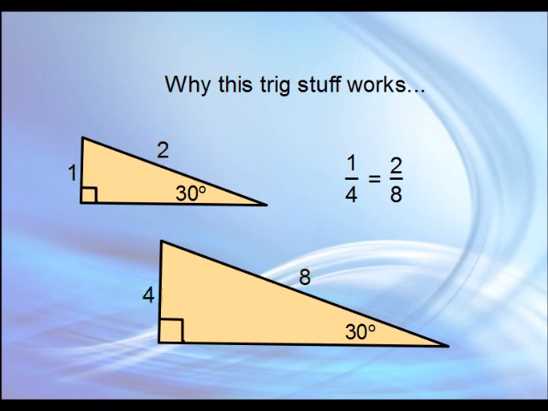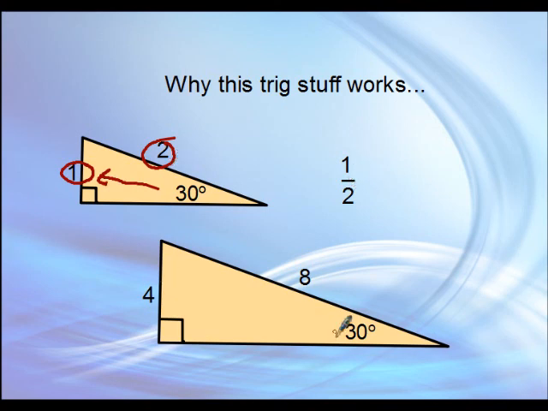We can also rearrange this a bit differently. We could, for example, match this side, the 1, versus the 2, the opposite side versus the hypotenuse, as you're seeing here. That should be an equal ratio to, for this triangle, the opposite side being 4, and the hypotenuse being 8. They're all in proportion.